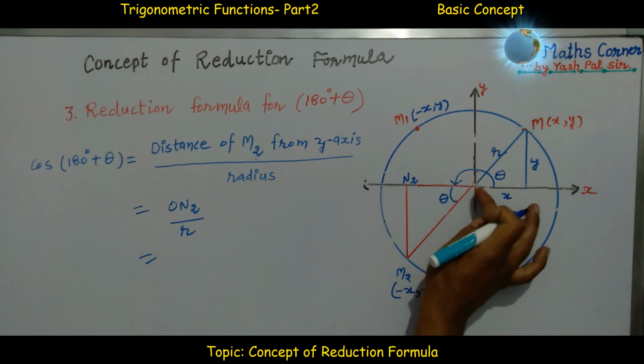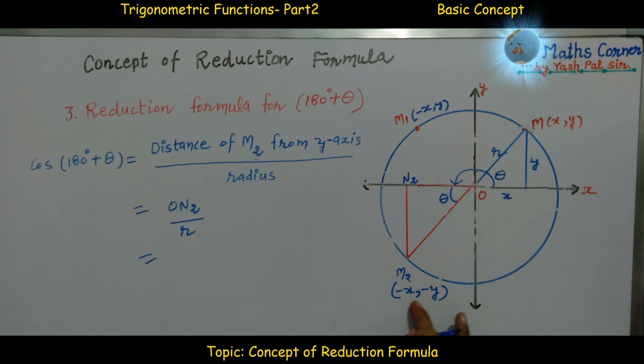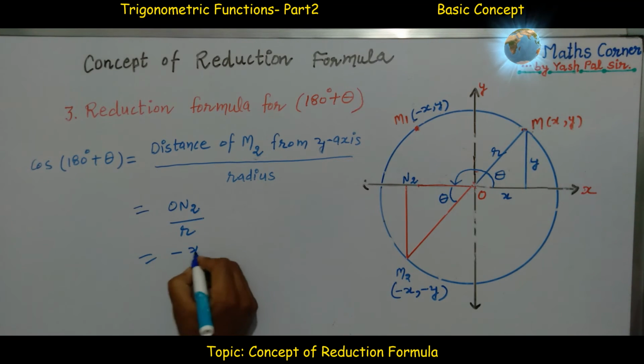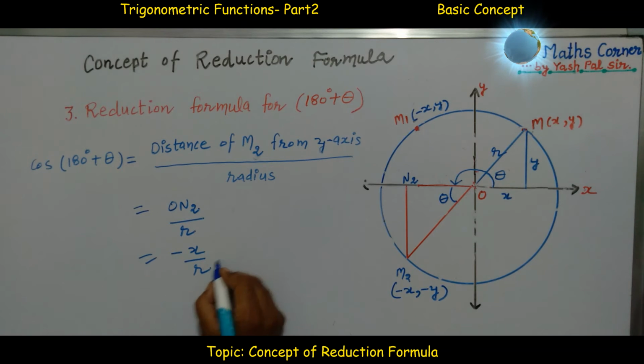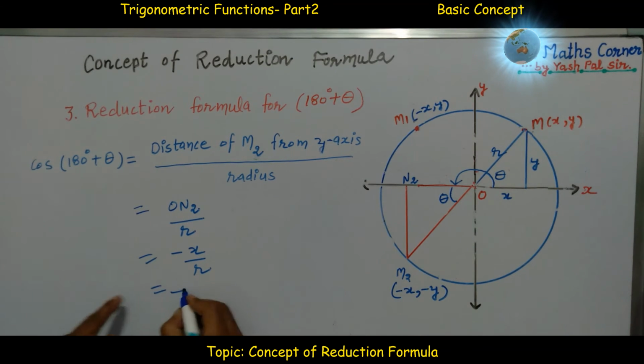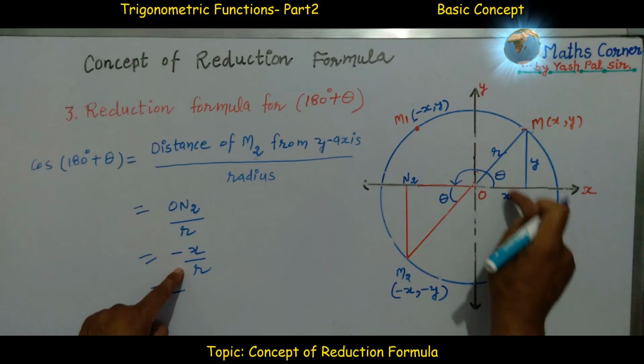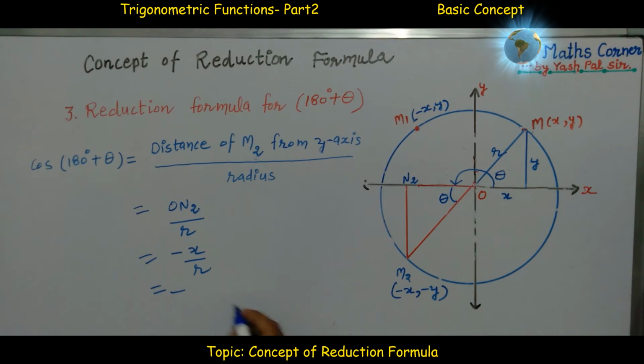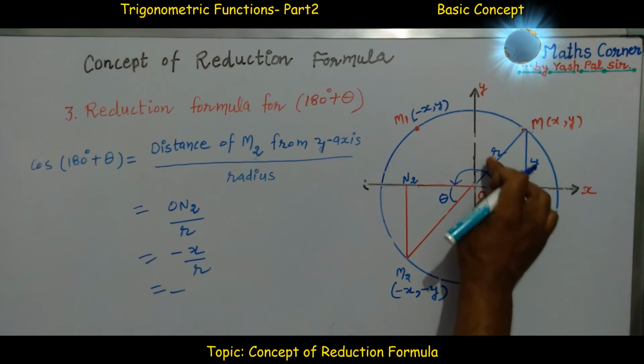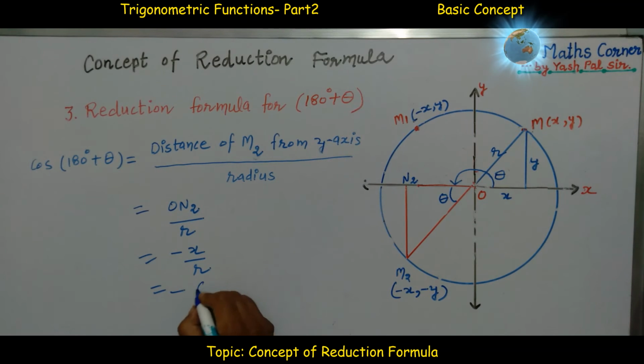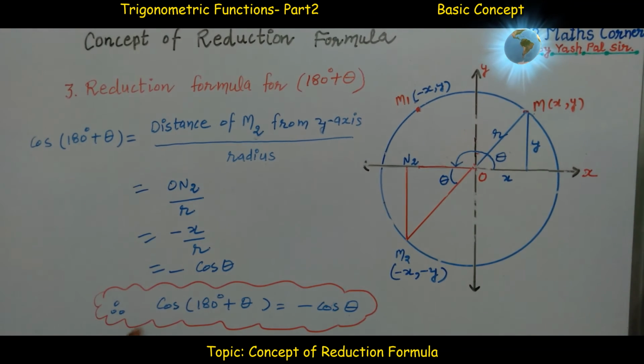O n2 was here minus x, divided by r, that is equal to minus, as it is, x upon r. From this triangle, x upon r is base upon hypotenuse, that is cos theta. So the conclusion is cos 180 degree plus theta is equal to minus cos theta.